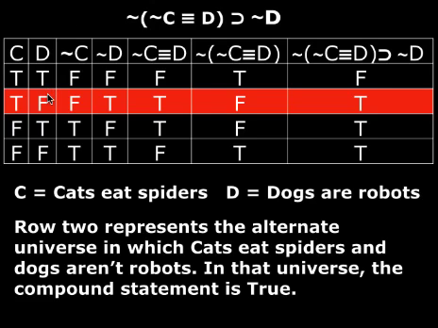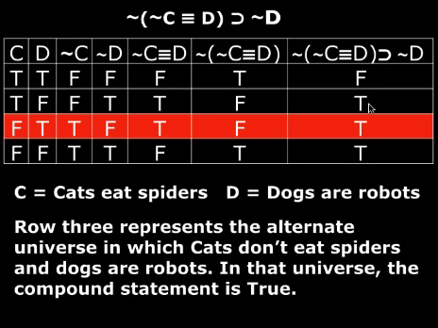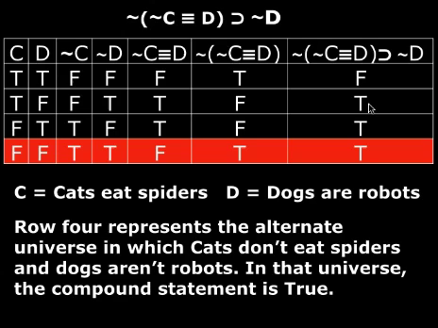D is false. And in that universe, the compound statement is true. The next row represents the universe where cats don't eat spiders, but dogs are robots. And the compound statement is also true in that universe. And finally, row 4, we have the universe where both atomic statements are false. Cats don't eat spiders and dogs are not robots. And in that possible universe, our compound statement is true.